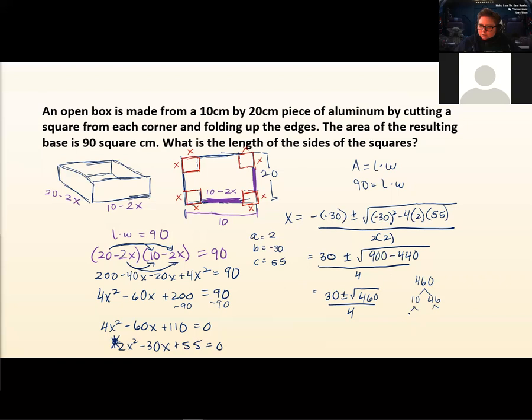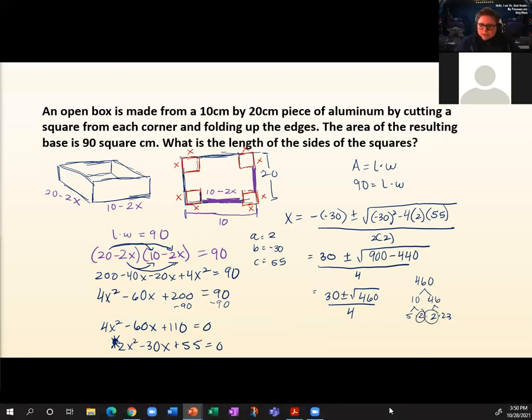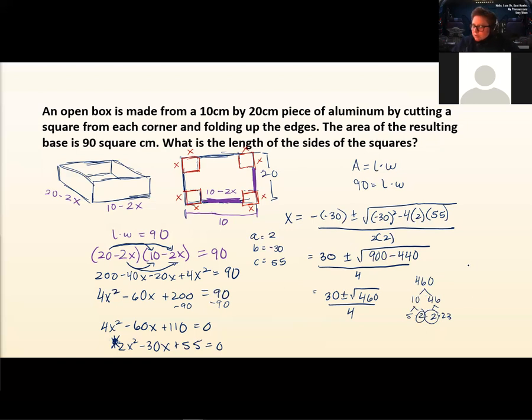What goes into here? What times what is 10? 5 and 2. And for 46? 2 times 23. So notice we have 2 2's. So we have a perfect square, which means that we have 2 squared, or 4, right?